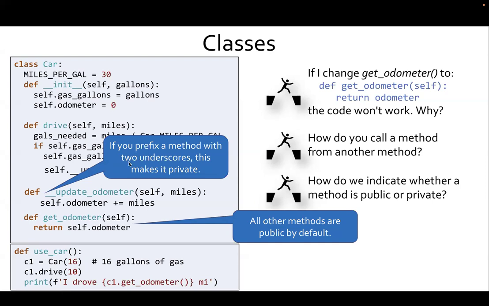All right. Why does init end with 2 underscores but update odometer doesn't? I think they serve different usages in Python.